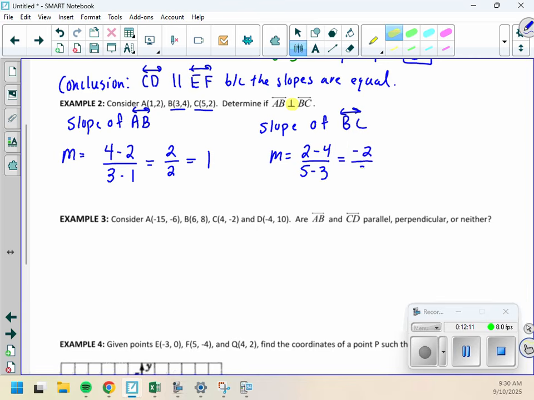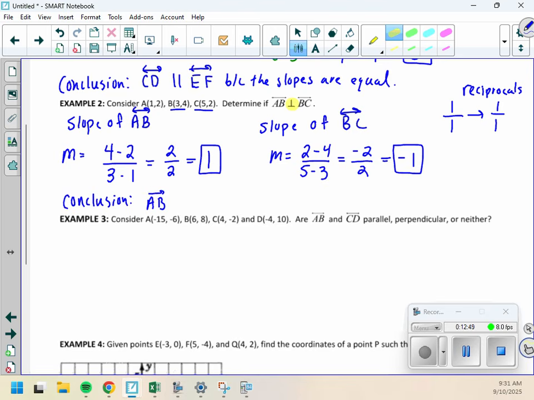If I take 1 over 1 and form its reciprocal, it also gives me 1 over 1. This is the only time when the reciprocals are the same. So since the slopes are opposite reciprocals, here's our conclusion: AB is perpendicular to BC because the slopes are opposite signs and reciprocals.